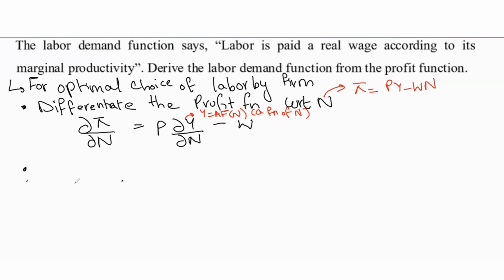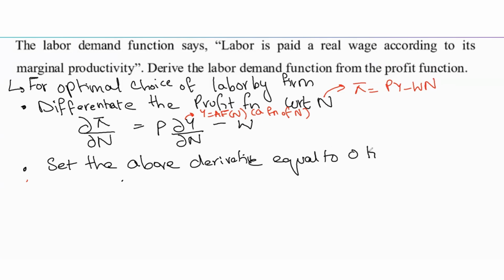Now we're going to set the above derivative equal to 0 to maximize profits with respect to n. Because if you want to maximize y with respect to x, we find the derivative of y with respect to x and set it equal to 0.